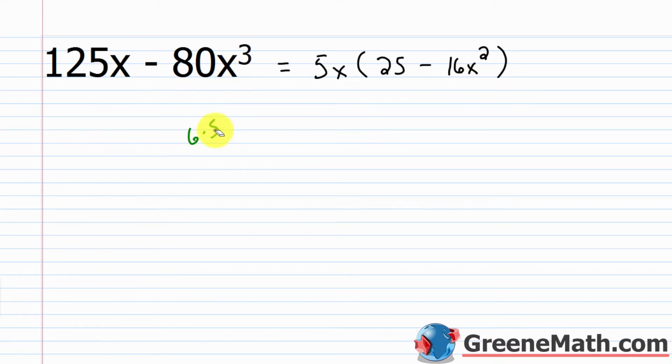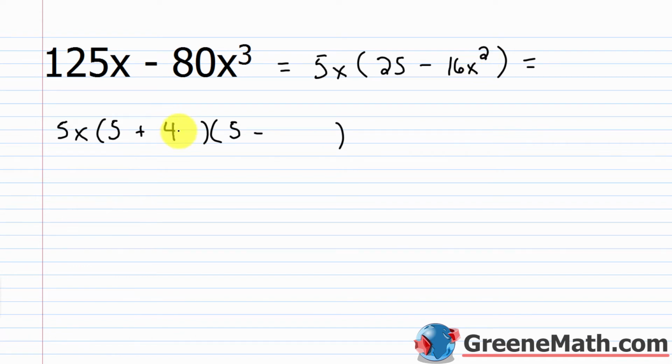Let me erase all this. And again, we're putting our 5x out in front, and then we'll set up 2 parentheses here. And so 25 is what? It's 5 times 5. So we would have 5 here and 5 here. And then we have a plus and a minus. 16x squared we can think of as 4x times 4x.